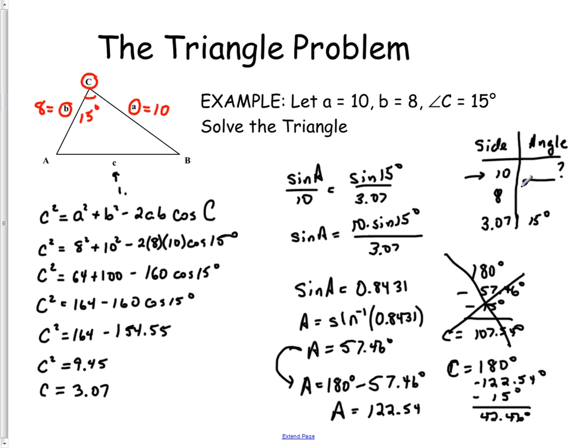42.46 degrees. And that seems to fit a little bit better, because if we have angle B being 42.46 degrees, and angle A being 122.54 degrees, we can see that the largest side is now opposite the largest angle, and the smallest side is opposite the smallest angle.